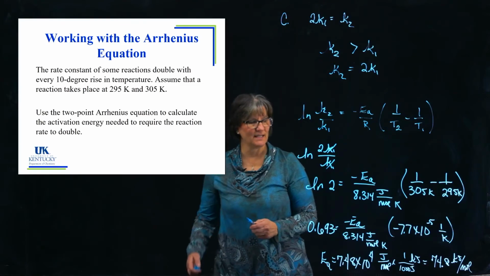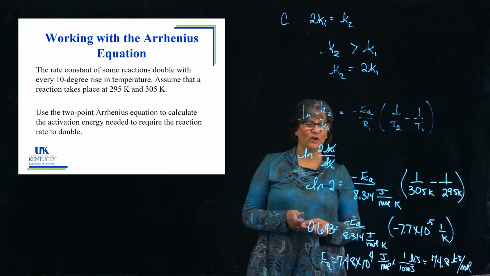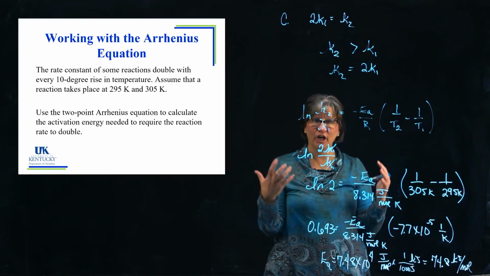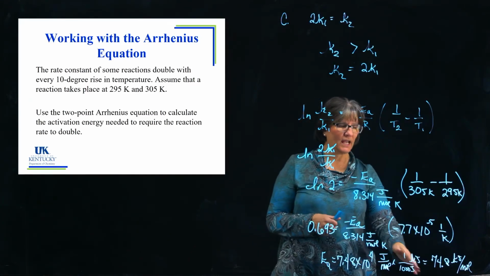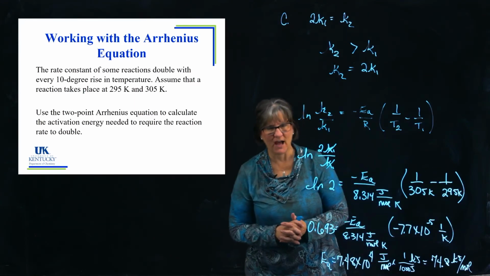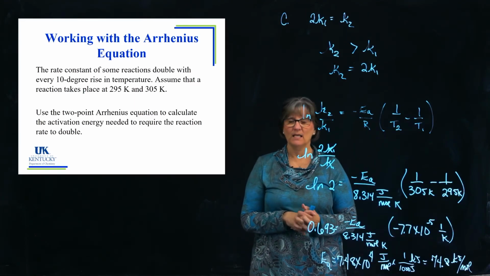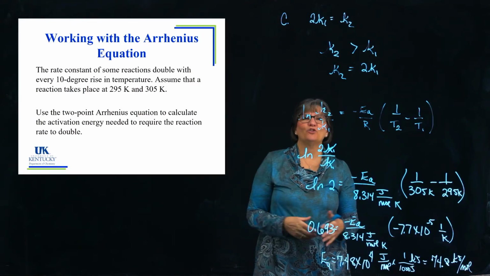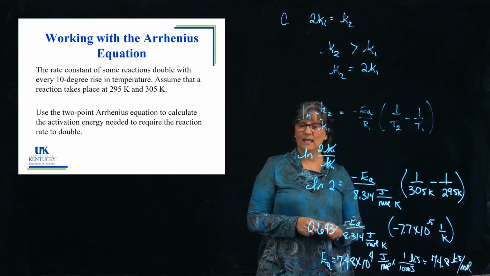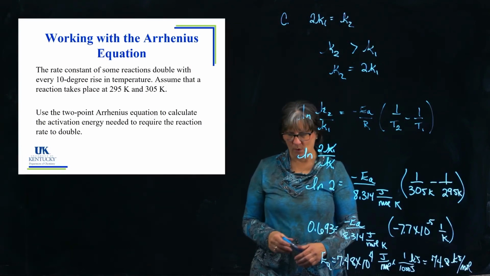Activation energy always is a positive number, and it's very commonly reported in kilojoules per mole because that usually gives you in the 100 kilojoules per mole range. It's a little under. You might have 200. You might have in the hundreds value. It's common for that. So once you do several, you start getting the familiarity to what is common, and that's why they usually report it in kilojoules per mole.